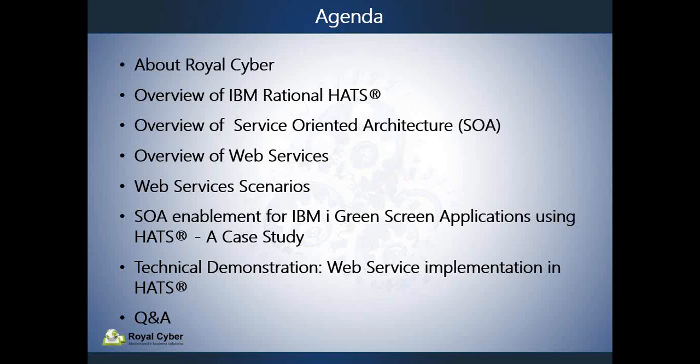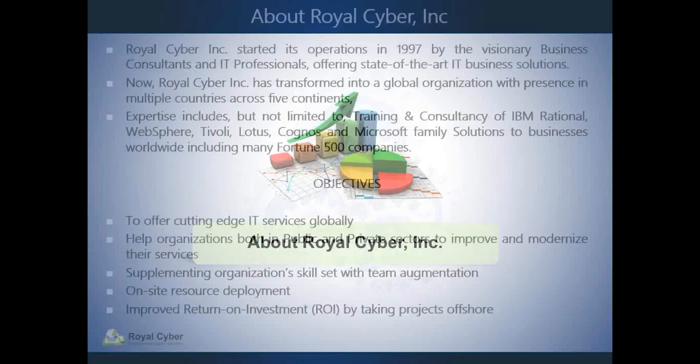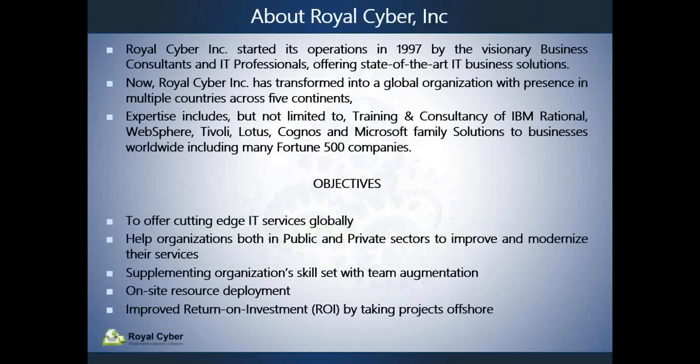Since the company's inception in 1997, we are among the leaders in providing training and consultancy of IBM Rational, WebSphere, Tivoli, Lotus, Cognos, and Microsoft family solutions to businesses worldwide, which include many Fortune 500 companies as well. We are headquartered in Chicago, Illinois. We have a global footprint with offices and development centers across North America, Europe, Asia, Africa, and Middle East, as you can see in the slide.